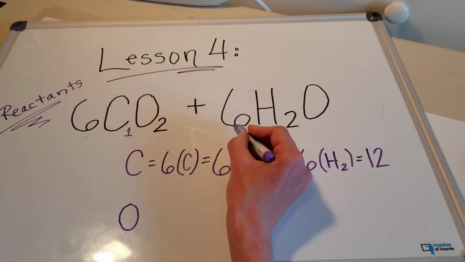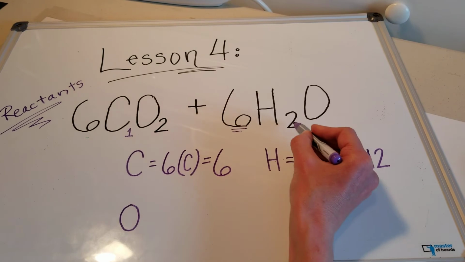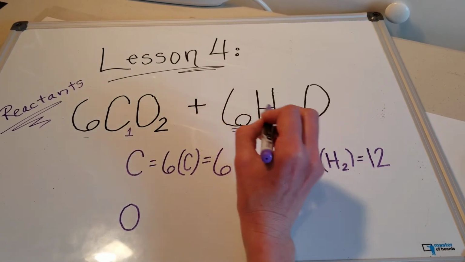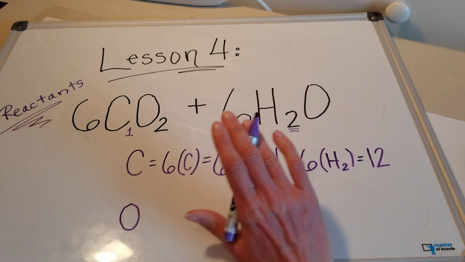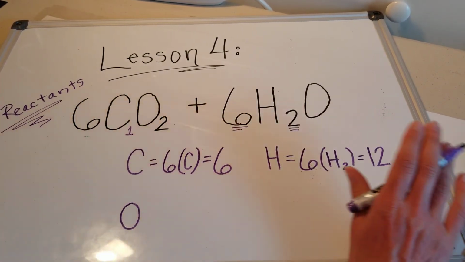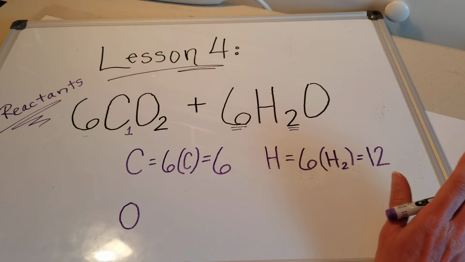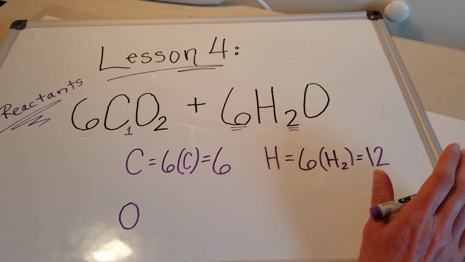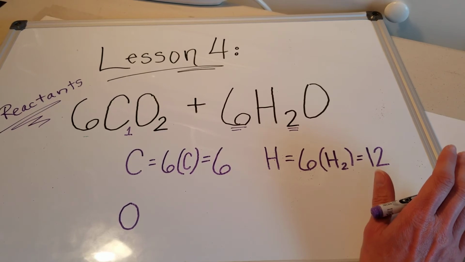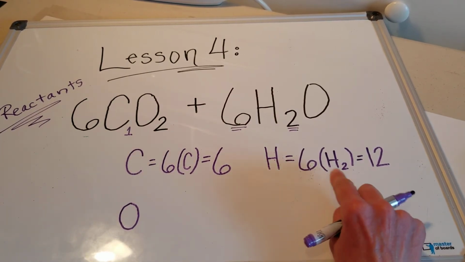They just see that they've got a 6 and they multiply by the 2 and they know that gives them 12 hydrogen. This is just one way to look at it if you're not seeing it for yourself. Most people, if they catch on to the math of it quick, it's not a big deal to calculate the number of atoms. But if you need it traced out, this is a way to do it.